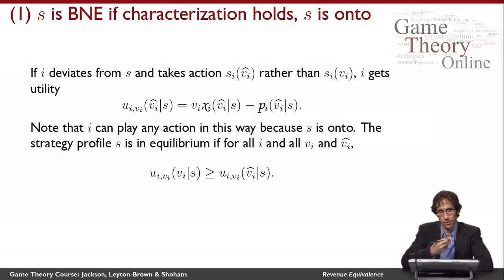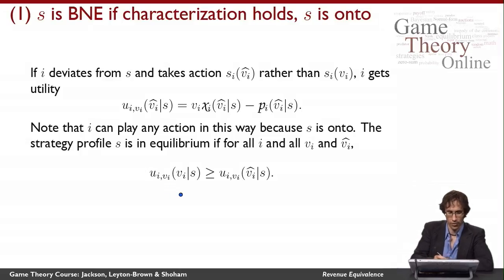So what does it mean then for a strategy profile S to be in Bayes-Nash equilibrium? Well, it means that agent I is best responding by reporting his true type to his own strategy profile rather than lying to himself, sort of like we saw in the revelation principle.